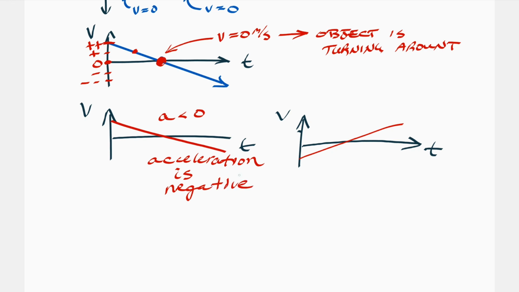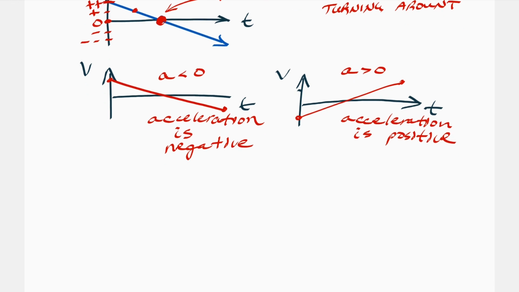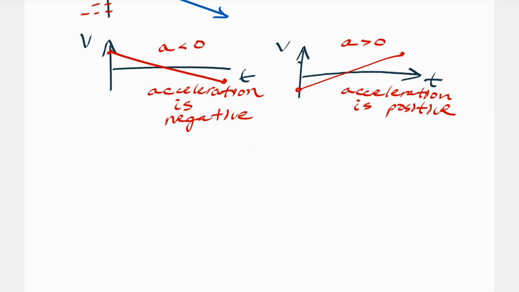It's going down. Over here, the slope is positive, so the acceleration, which is the slope, is going to be positive. So those should be the major interpretations for that graph. There's more that we could say, but that's enough for now.